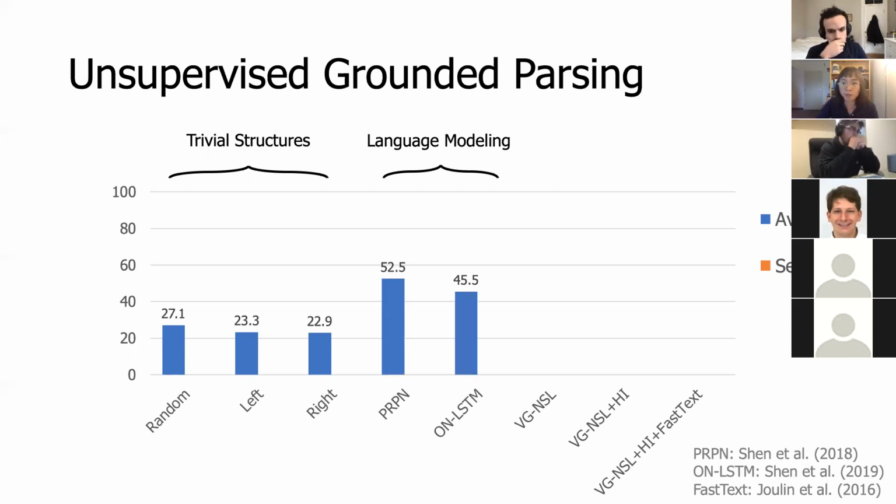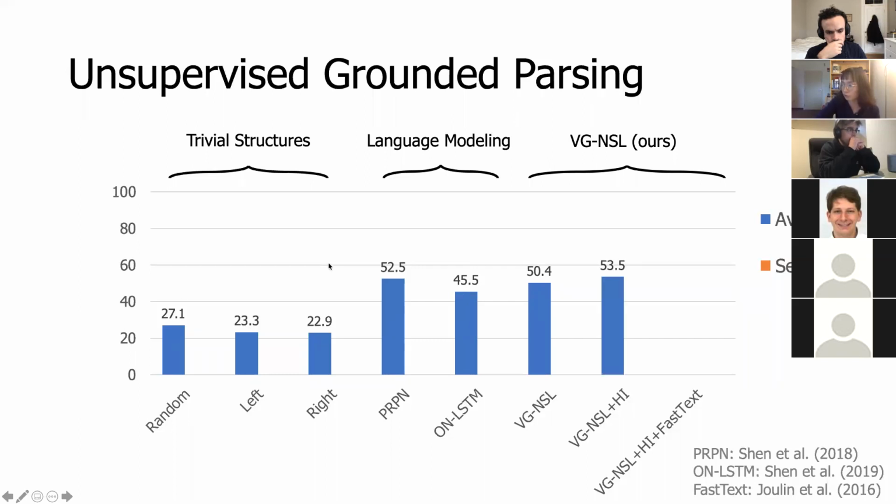And finally, our models. We have our basic model, the visually grounded neural syntax learner, and also the visually grounded neural syntax learner with the head-initial bias, and also the VGNSL model with the fastText initialization. Basically, you can imagine that it uses a pre-trained word embedding to initialize the embedding for individual words.